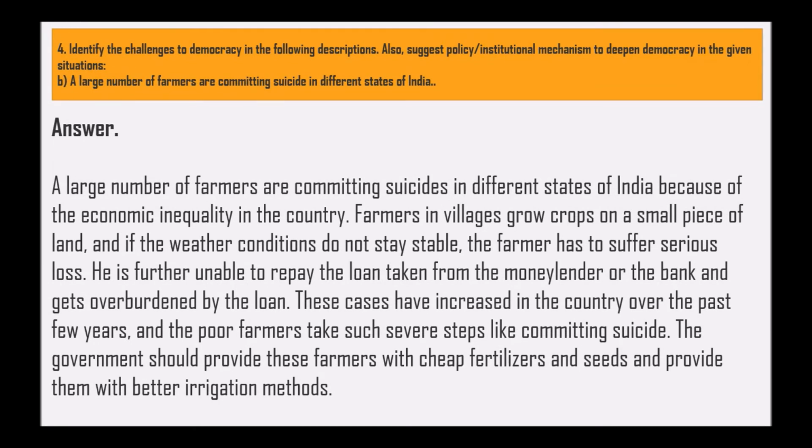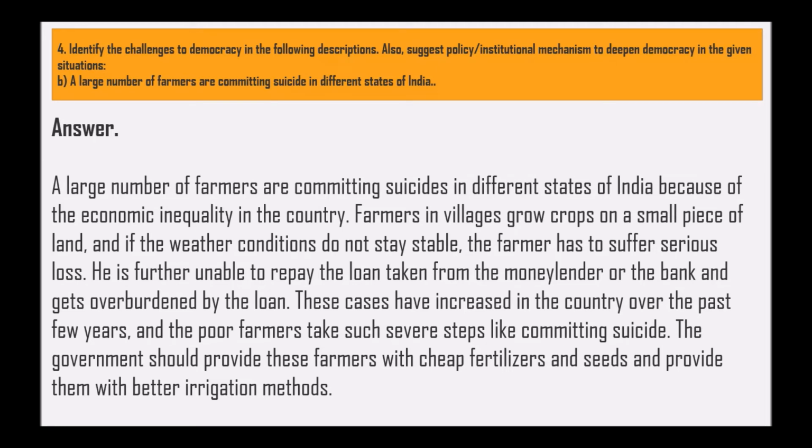A large number of farmers are committing suicide in different states of India. This is because of the economic inequality in the country. Farmers in villages grow crops on a small piece of land, and if the weather conditions do not stay stable, the farmer has to suffer serious loss.